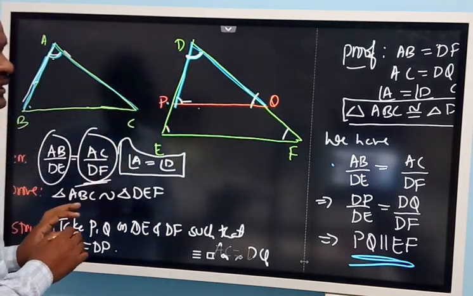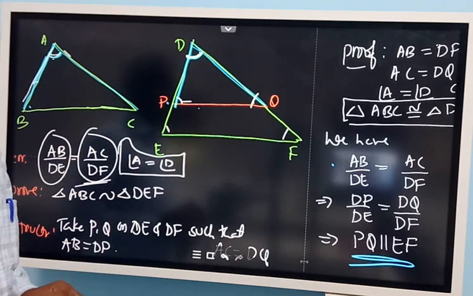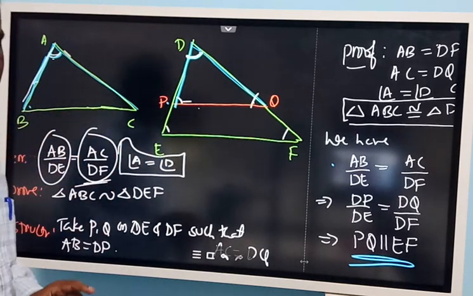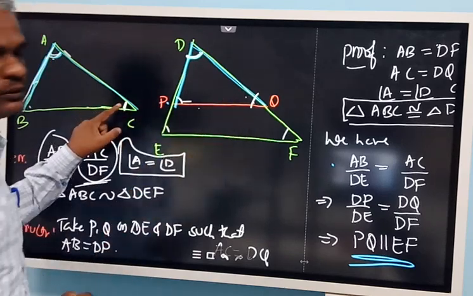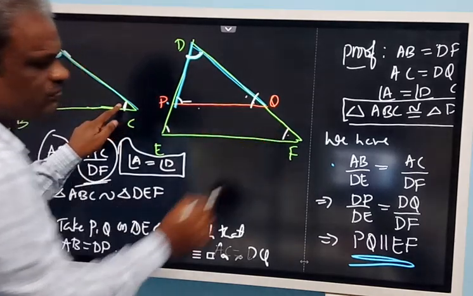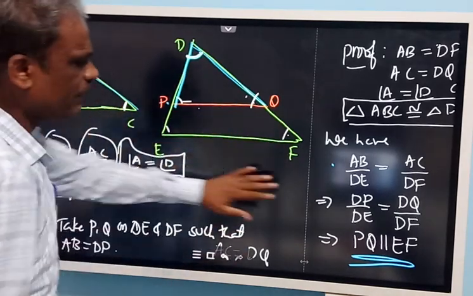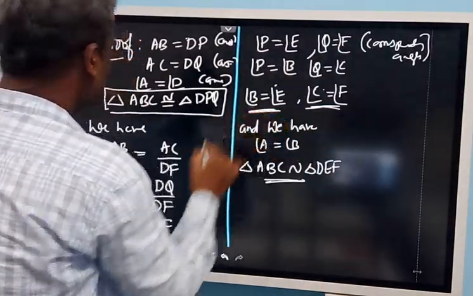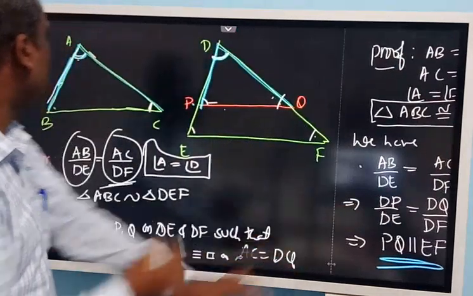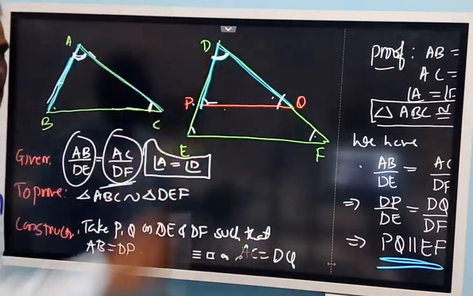B is equal to P, P is equal to E, therefore B is equal to E. In the same way, we have C is equal to Q, but Q is equal to F. I can write C is equal to F. This is what we have written here. C is equal to F, B is equal to E. And already we have A is equal to D in the data.